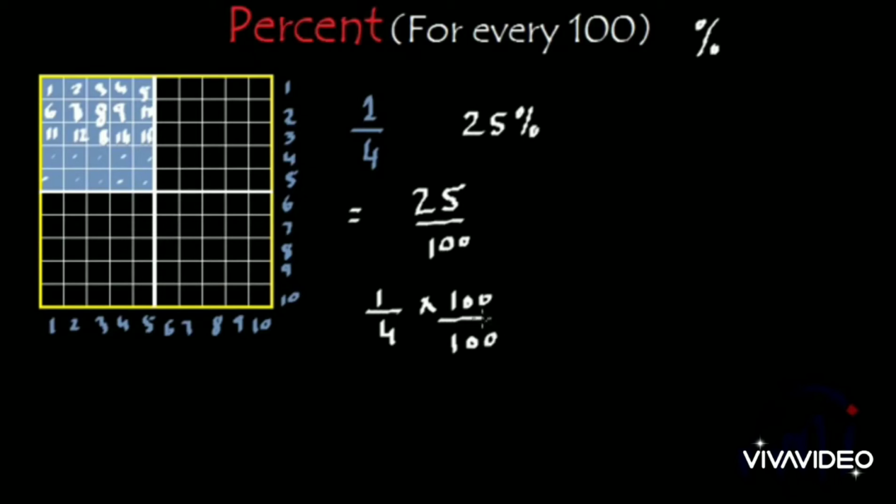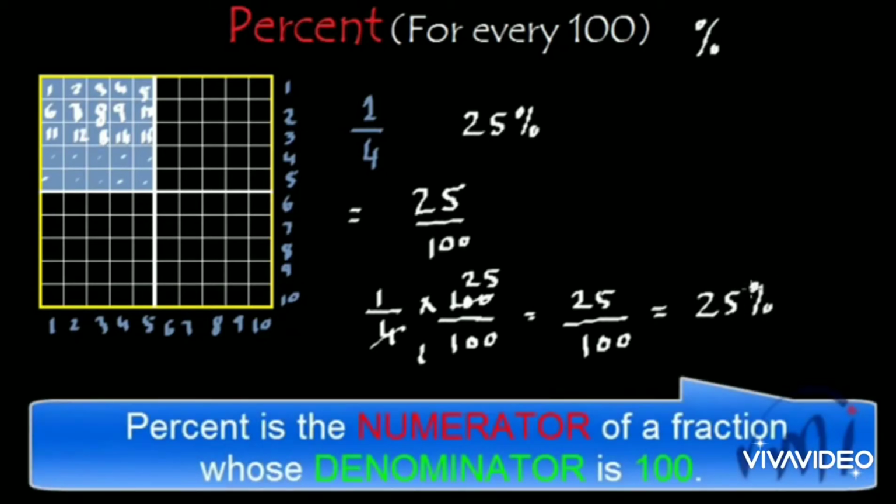Or we can simply solve 1 by 4 by multiplying by 100 in the numerator and in the denominator. Then when we solve it, we also get 25 upon 100, and it is written like this: 25%. Percent is the numerator of a fraction whose denominator is 100.